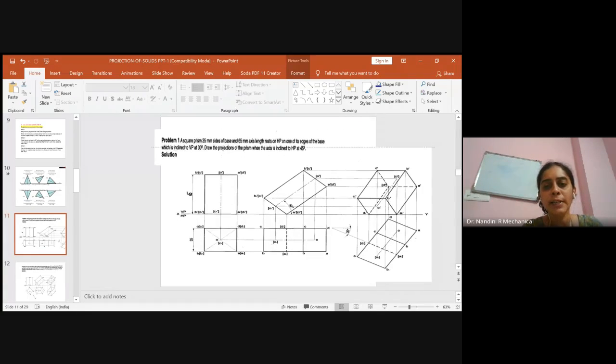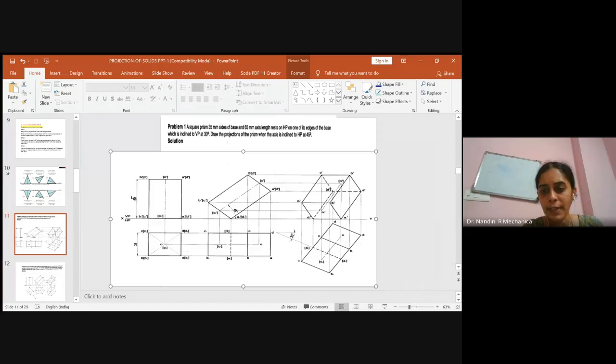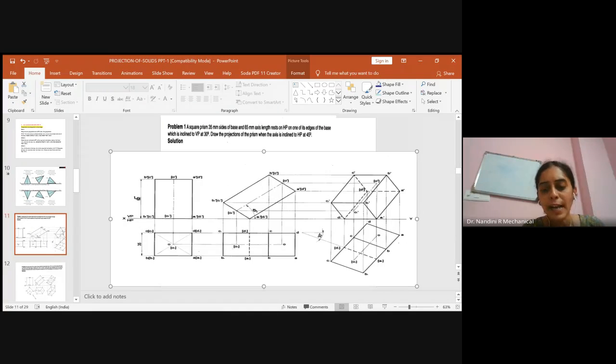So what is being done here? See the problem carefully. One of the sides or edges on which it was resting is now inclined at 30 degrees to VP. You can take either this side or this side, because in the first stage we take the axis perpendicular to HP, so it will be resting on one of the sides.